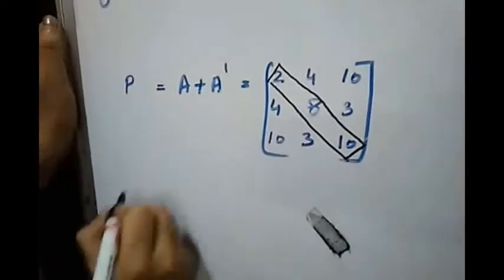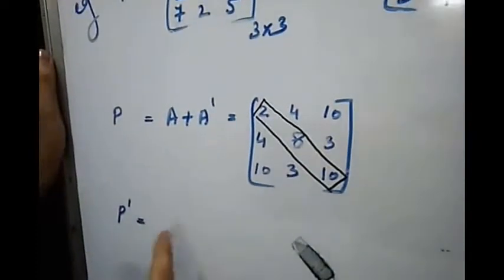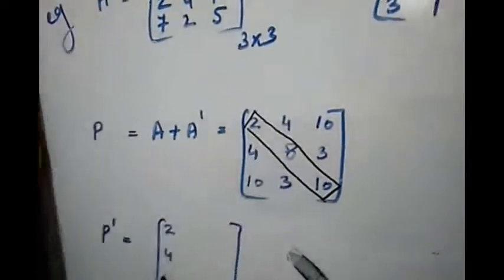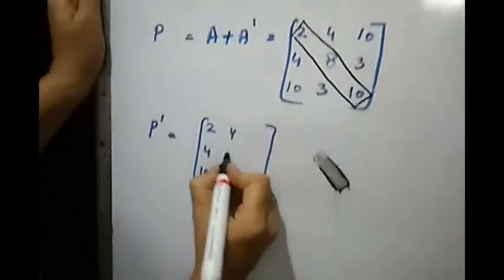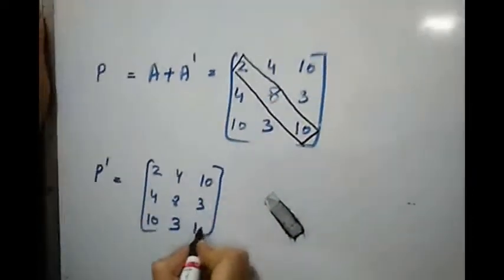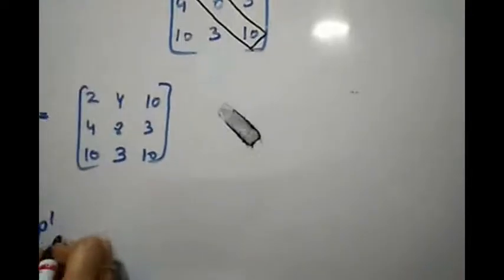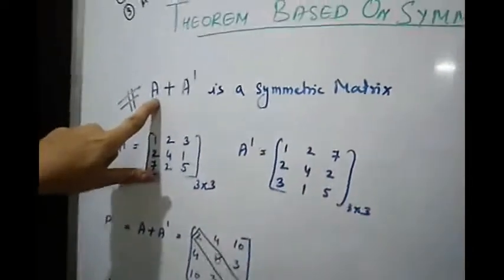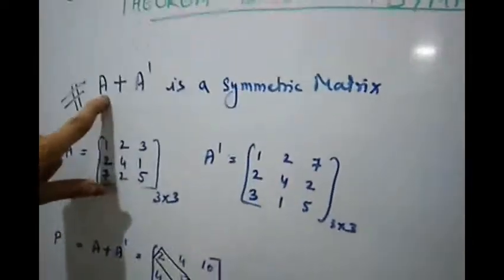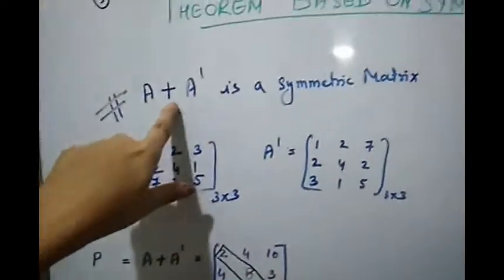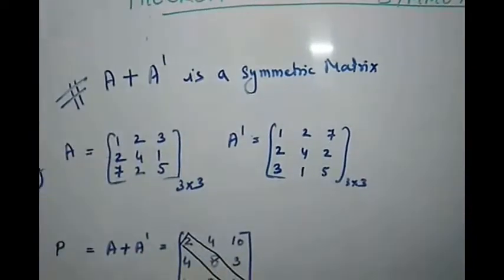If I take it as P, then P dash, that means P transpose, if I transpose it, you will be getting 2 4 10, 4 8 3, 10 3 10, which implies P dash is equal to P. That is, if we take a square matrix A and transpose it, the sum we find will always be a symmetric matrix.